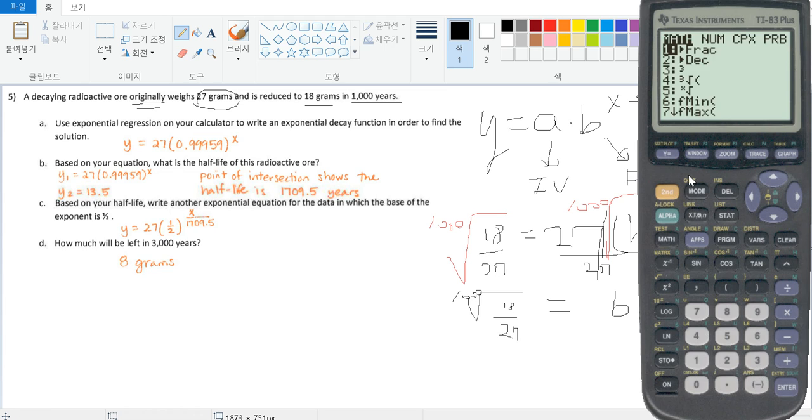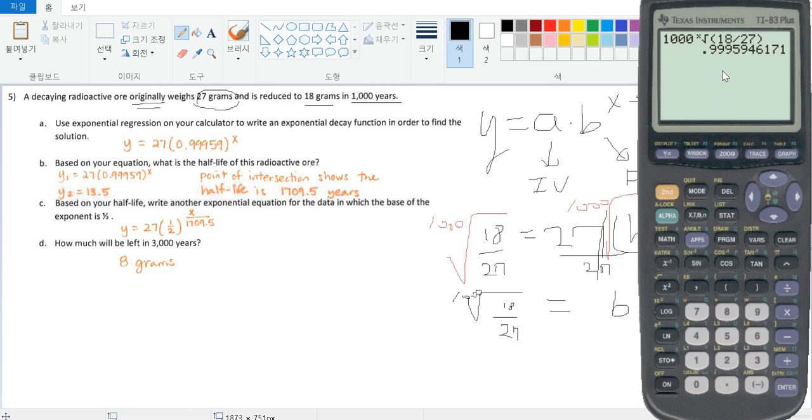But if you go to math and number 4, that's a cube root, and number 5 is the x-th root. We can use number 5 here, but before that I want to type in 1,000 first, and then do number 5. This means the 1,000th root of the number in the radical sign, which is 18 over 27.